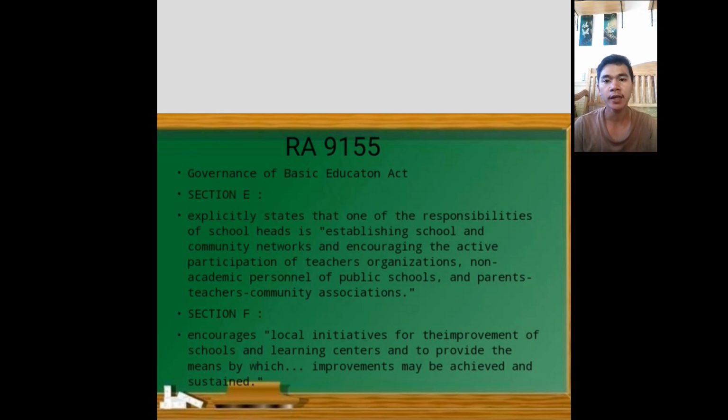Section F: encourage local initiatives for the improvement of schools and learning centers and provide the means by which improvements may be achieved and sustained.